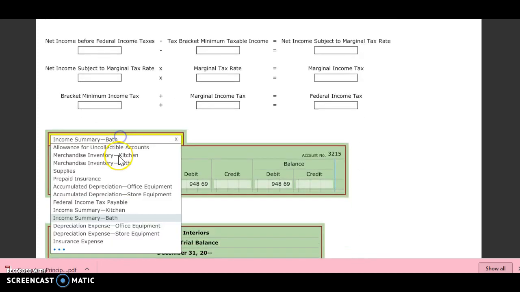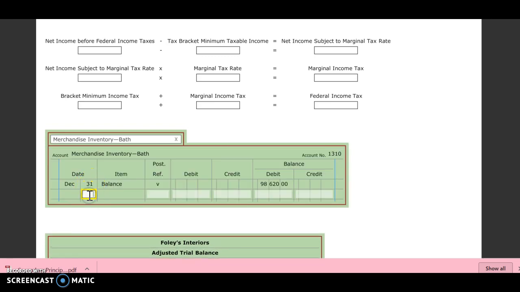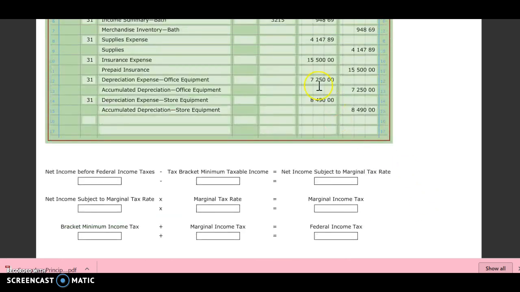Merchandise inventory bath. 31st, G20, a credit of $948.69. Find our new balance. Our new balance is $97,671.31. 1310.